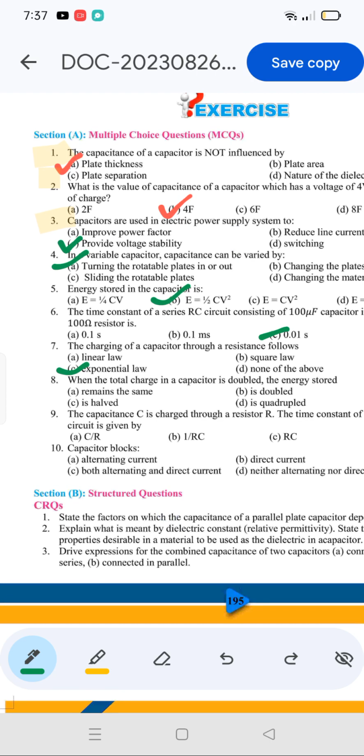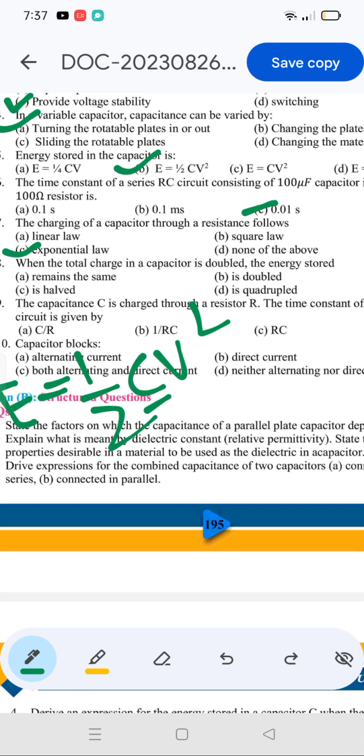Now see, if the charge is doubling here, the energy will be doubled as well, because E is equal to 1 upon 2 CV square, where C is the ratio between the charge stored on the plate of the capacitor and the potential difference provided to it. So 1 upon 2, Q over V into V square.